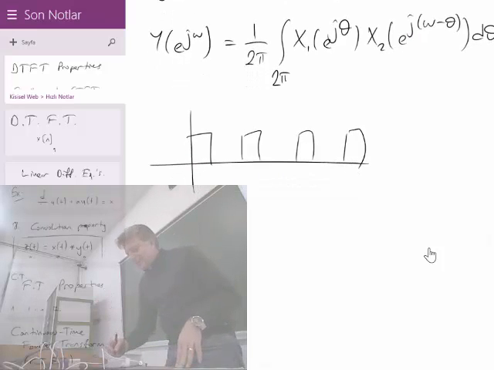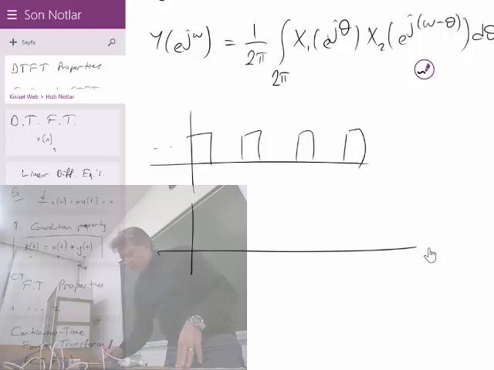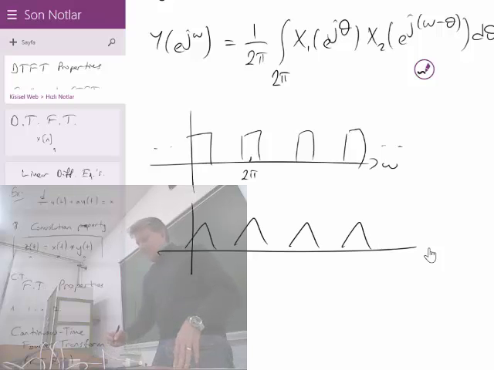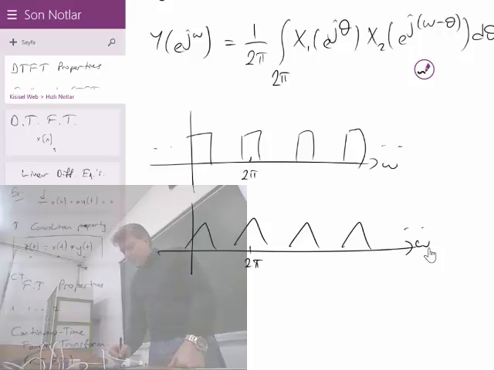Now we have a signal which is 2 pi periodic, of course, in the frequency axis. Suppose we have another low pass signal which has a different shape. This must also be 2 pi periodic, by the way, on the frequency axis. If you multiply these two, you will see that the multiplication will also be 2 pi periodic. Do you see that? Okay.